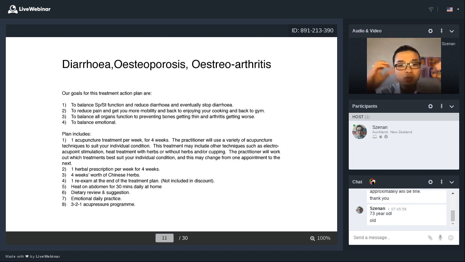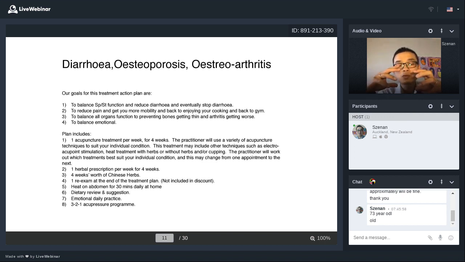So once we give them a goal, every patient, we just give them a goal. And this goal treatment action plan is actually for a month, right? One of my masters told me, she's in Auckland, Angela Zhang, and she said we heal patients, we help patients get better, not through one treatment.